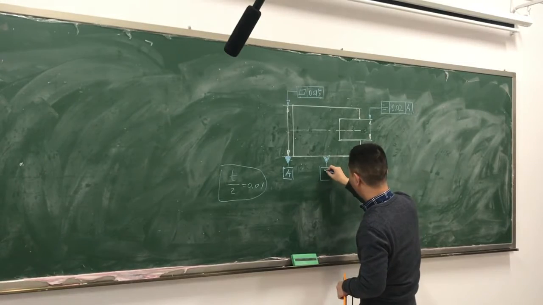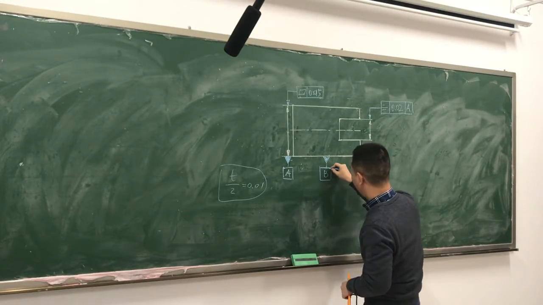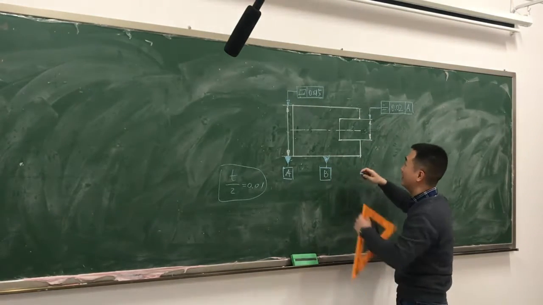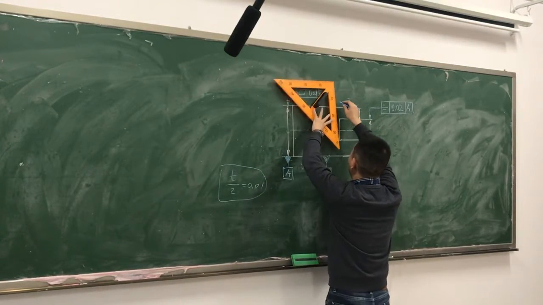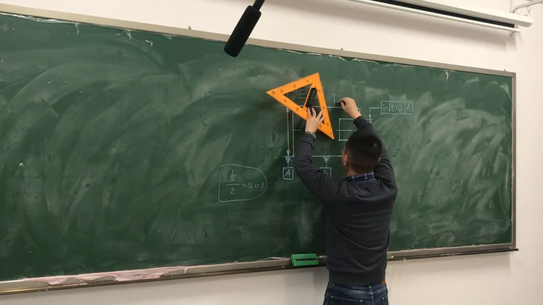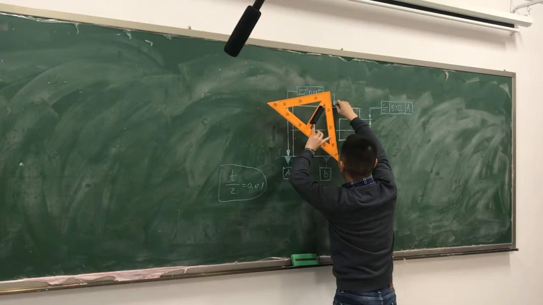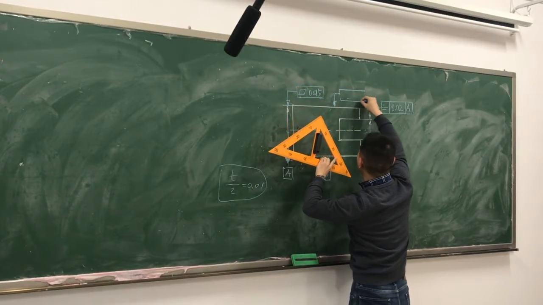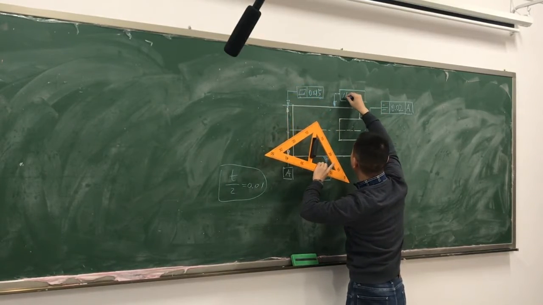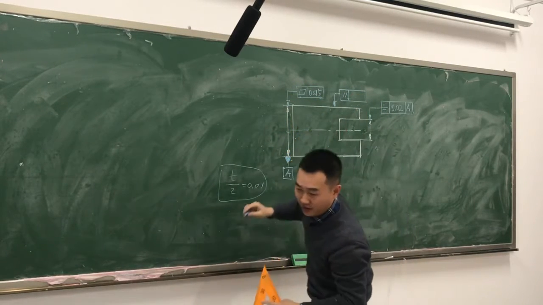So here we label it datum B, and here we write down the tolerance frame, and it's parallelism, and then the tolerance value.